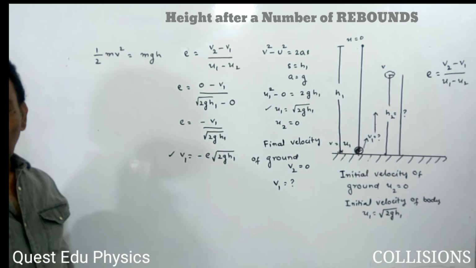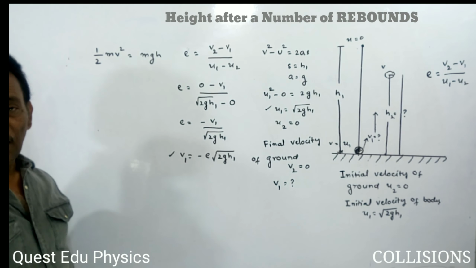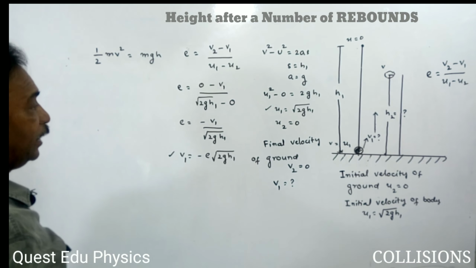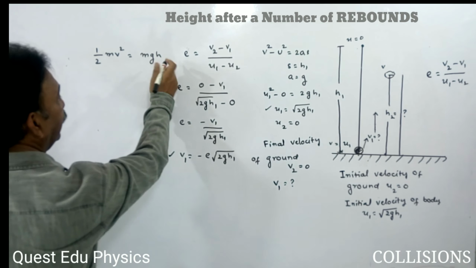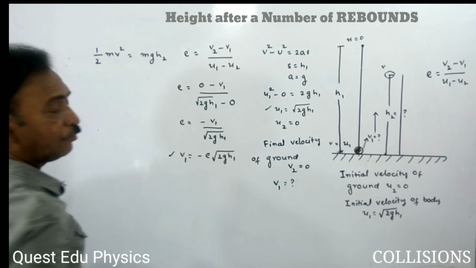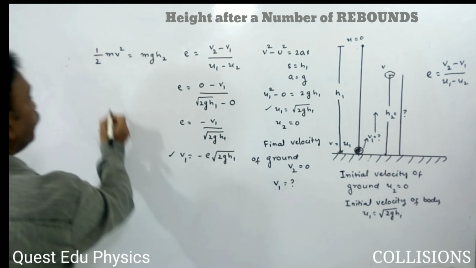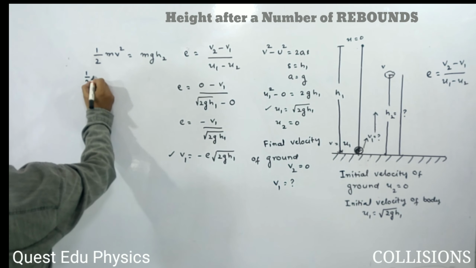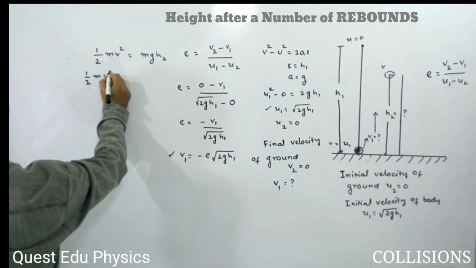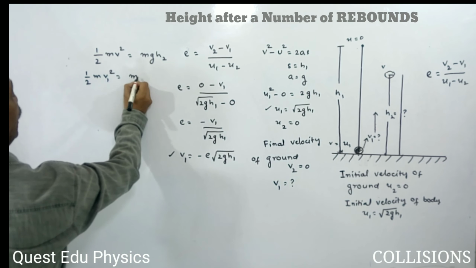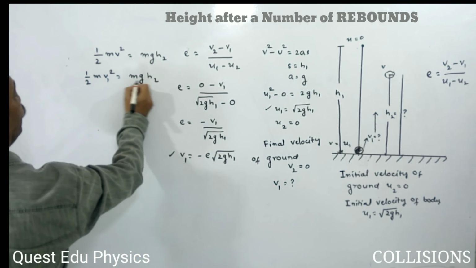Kinetic energy changes into potential energy and potential energy changes into kinetic energy. Here the body is rising to a height of h2. Okay, and when it leaves the ground it has a velocity of v1, that is, half m v1 square is equal to m g h2.